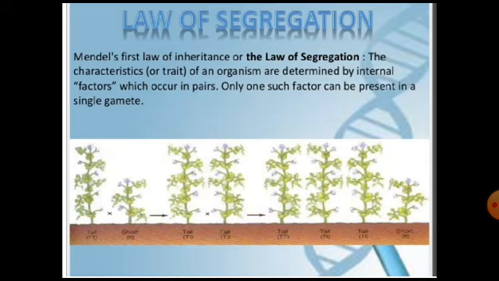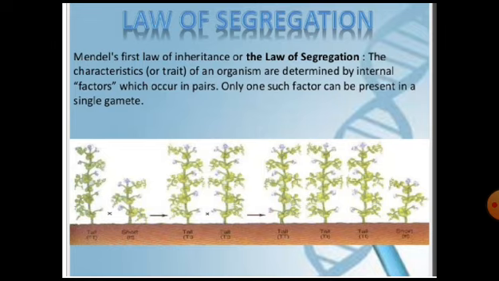You guys should keep it in mind. That means two similar genes control a single character. And at the time of gamete formation, there occurs meiosis, that is a sort of cell division which you will learn in higher classes, in which these two genes segregate.